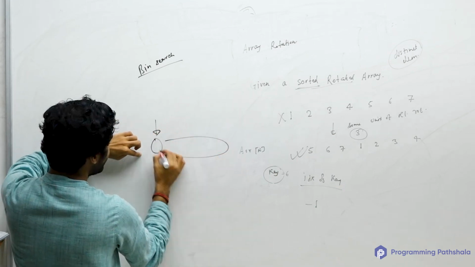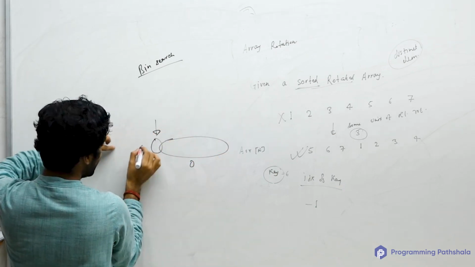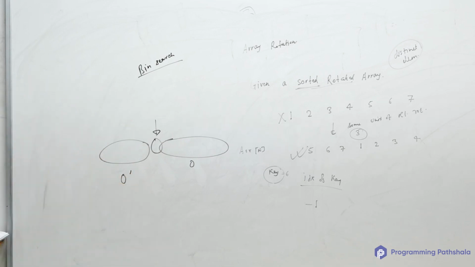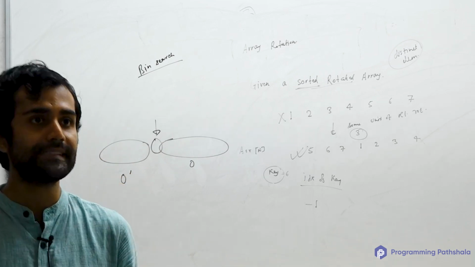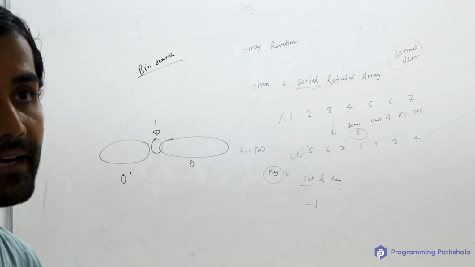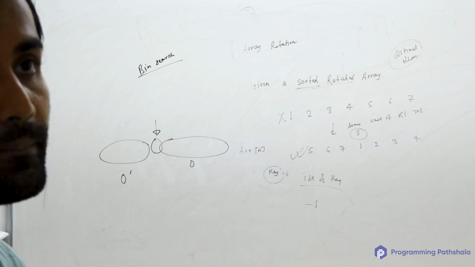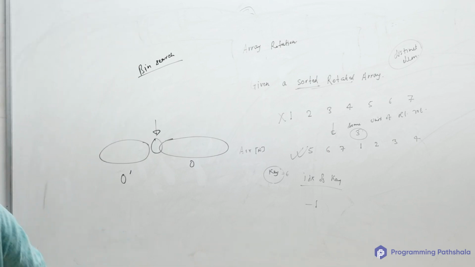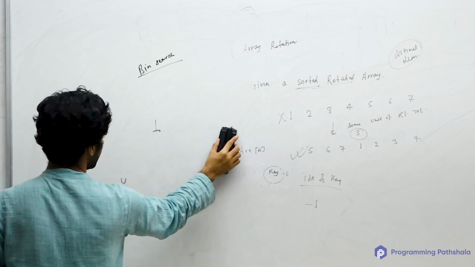Now in the right side of answer there should be some order and in the left side of answer there should be some other order O dash. If this kind of thing is true, then you can always apply binary search, okay? So this is what you should ideally think, that how can I apply binary search and try to solve this problem. So here, what is the concept to solve it?